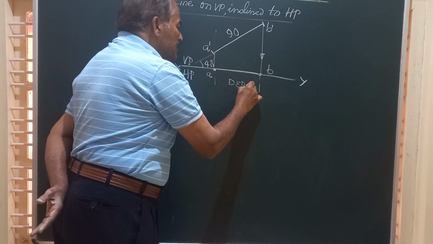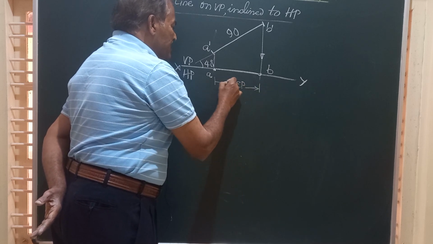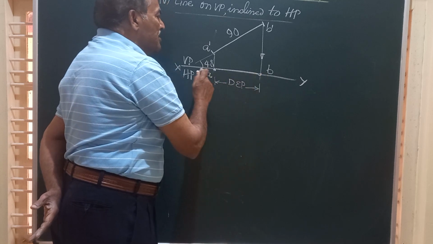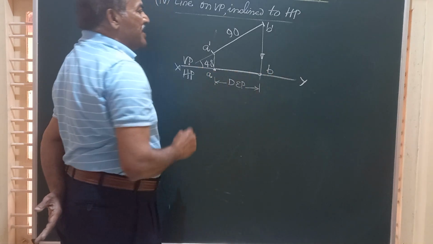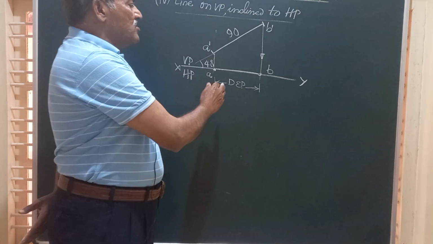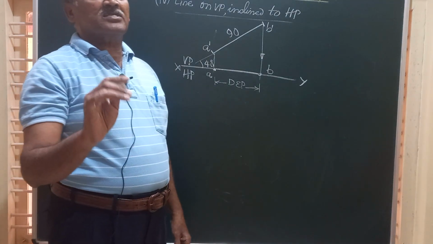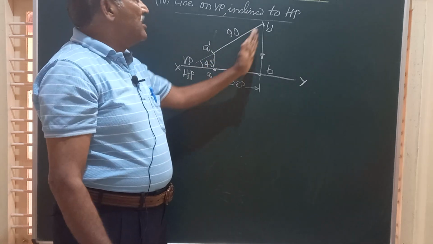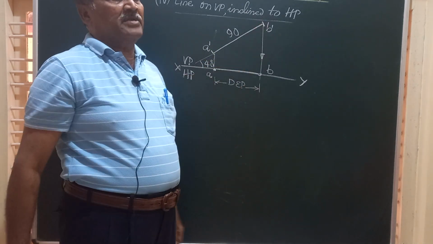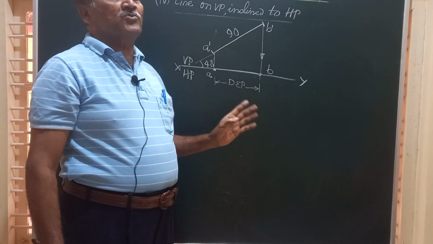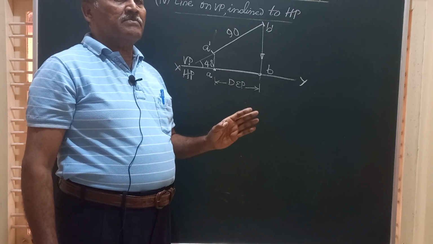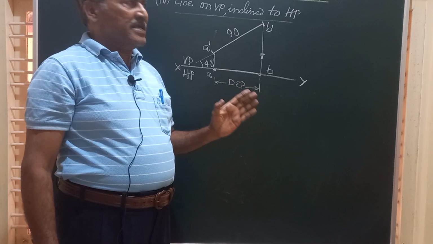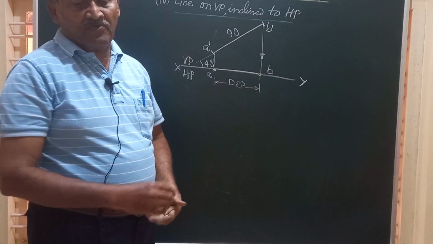DEP means distance between end projectors. It's always measured parallel to XY. Here A dash A and B dash B are two end projectors. This concept we are going to work out when you take up the actual numerical examples in further videos.